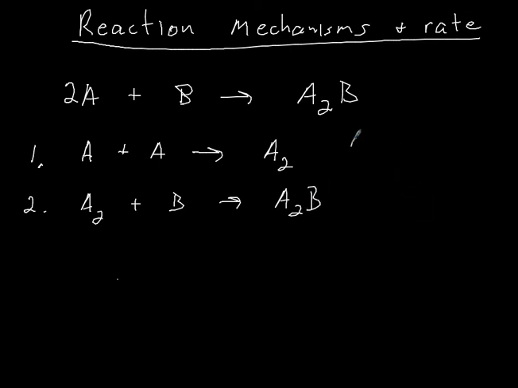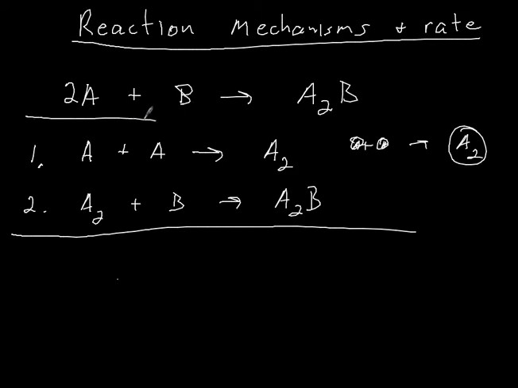So particle A and particle A collide to make A2. That's one particle at this point because they're now connected. That one particle A2 now collides with the one particle B to make A2B. So that's a possible reaction mechanism for this generic reaction.